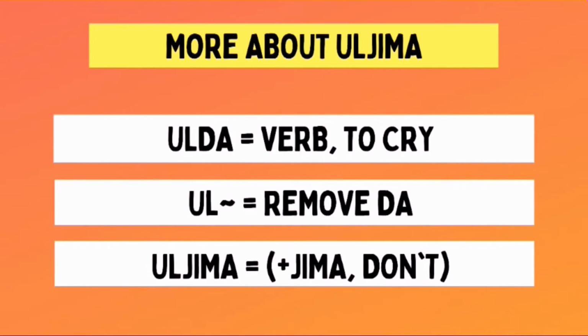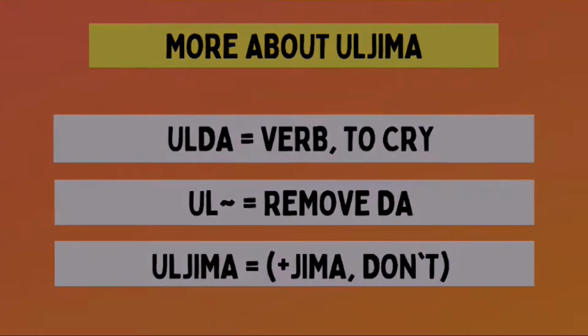If you would notice, there are also other words discussed on this channel such as hajima and gajima, and both words actually mean to not do an action. And right now, we should already remember that when we add jima, it's the same as saying that an action should not be done. And for this case, that action is ulda, which is to cry. So again, when we say uljima, it's the same as saying don't cry.